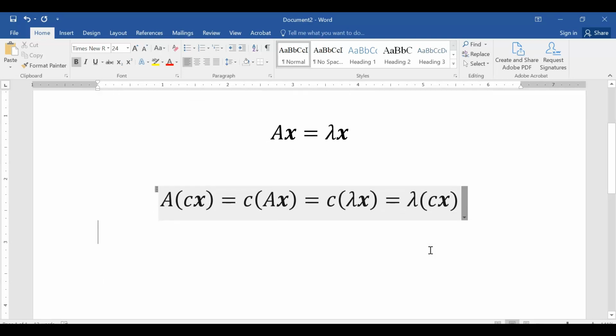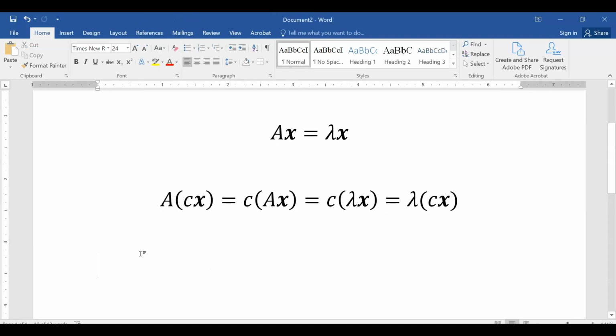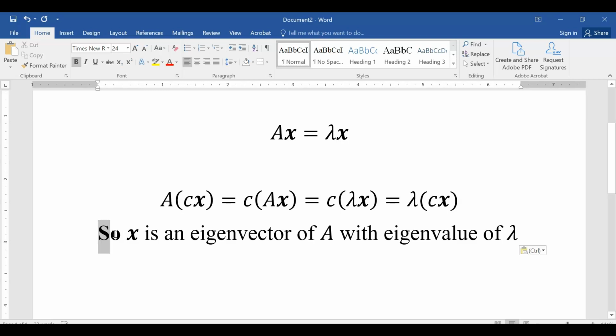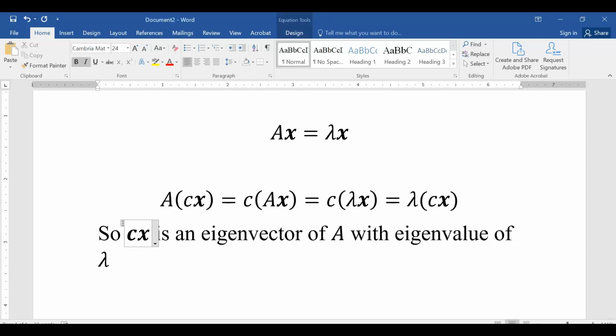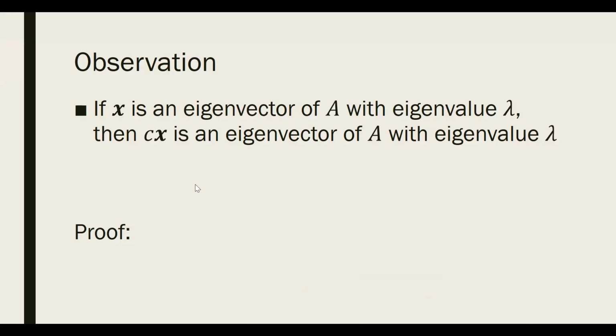So this shows that Cx is an eigenvector of A with eigenvalue lambda. So that's the proof of that observation.